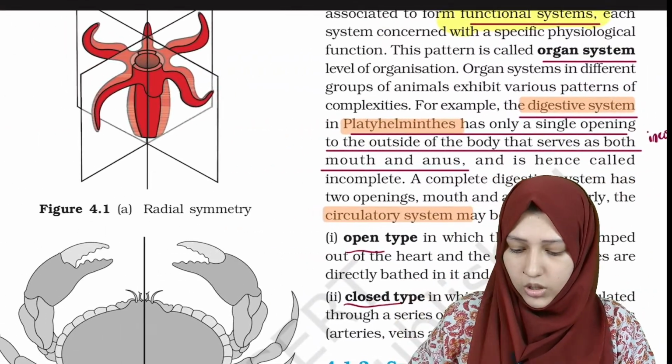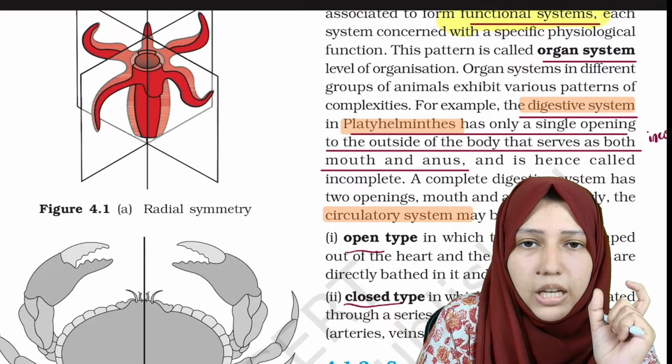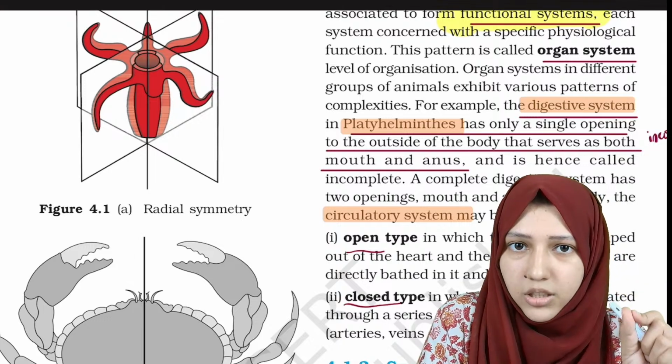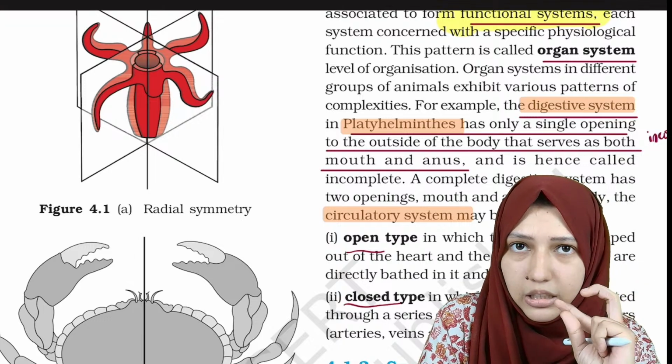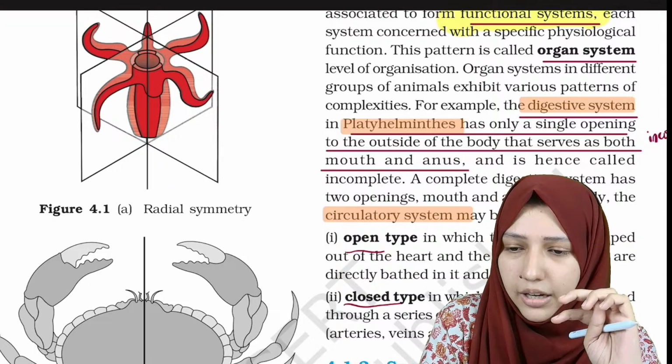Now, what is the specialty of the digestive system? The digestive system is known as a complete digestive system if it has separate openings for entry of food and exit of food.